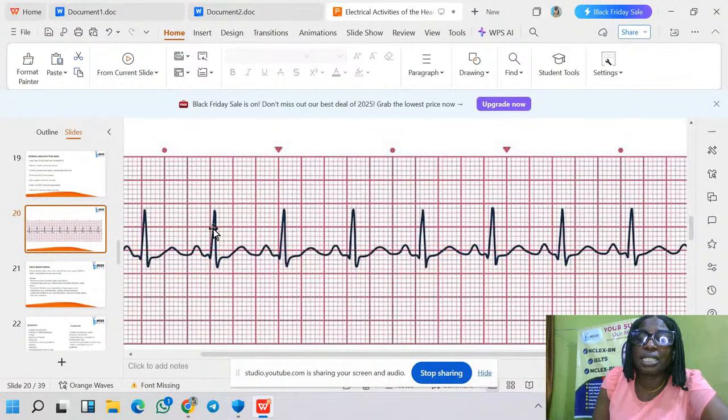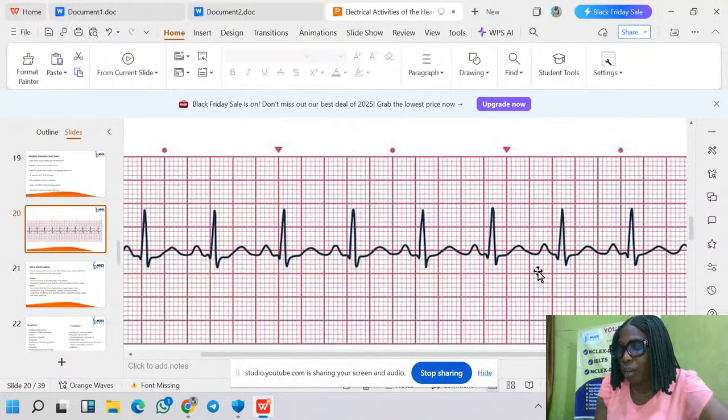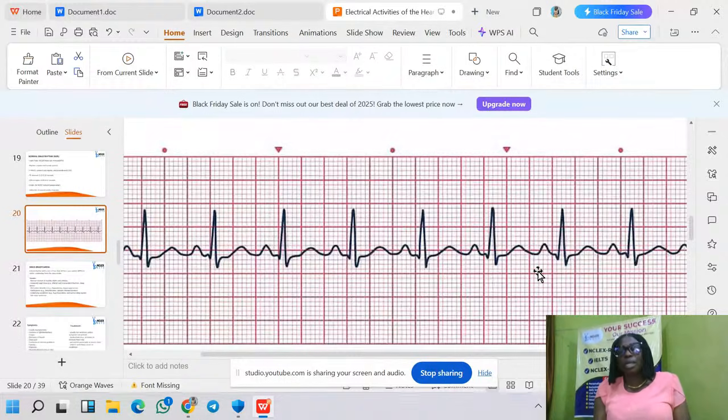And the last thing is the regularity. We have looked at it, it is regular, meaning that this strip we are looking at is a normal sinus rhythm. Is anybody confused?